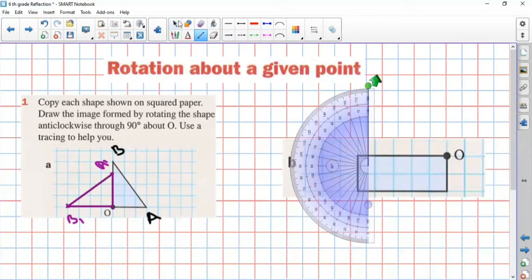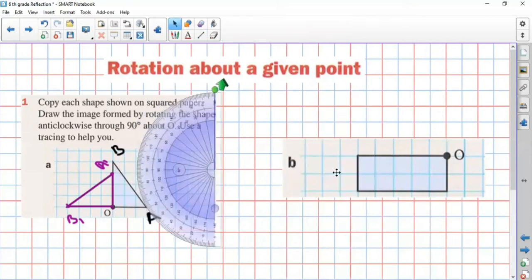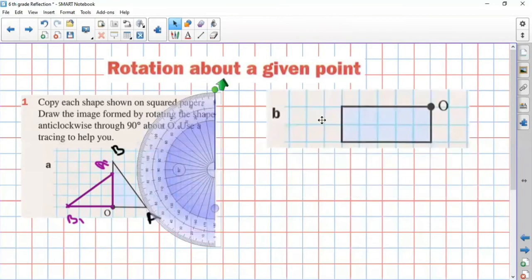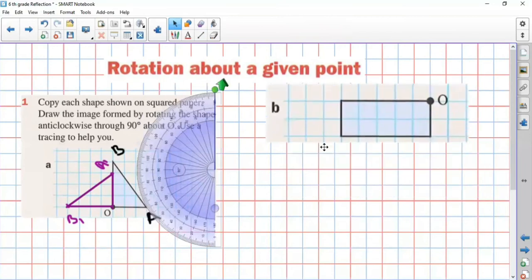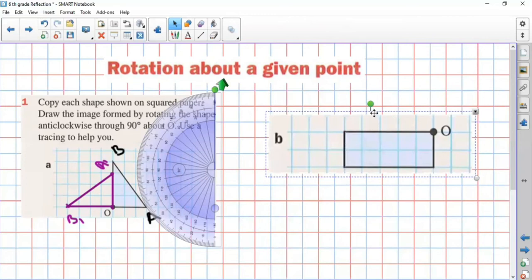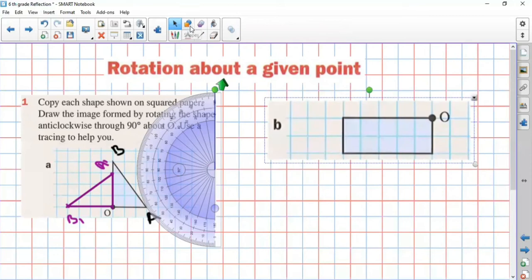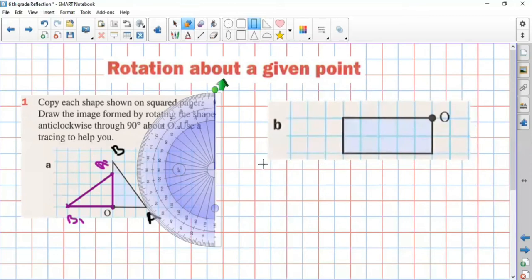The same thing can be performed for the rectangle that is given. Well, I will draw one more time the rectangle. Okay, let's draw the rectangle here. So it is 4 and 2.